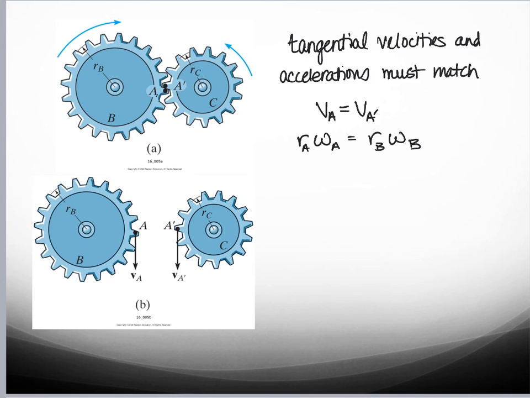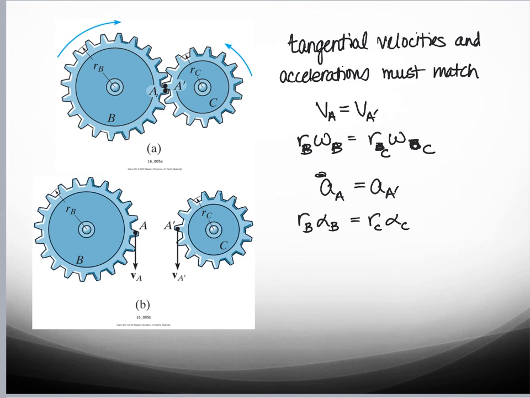Sorry, I used the wrong subscript. This is B, and this one is C. Similarly, the acceleration of point A has to be equal to the acceleration of point A prime. So this is going to be RB alpha B, and this is going to be RC alpha C.